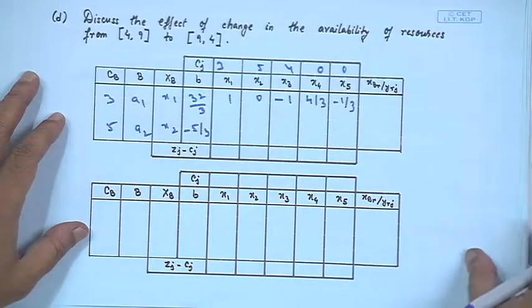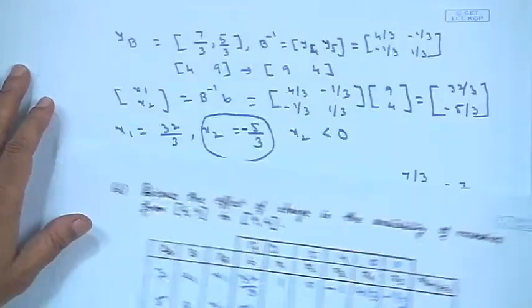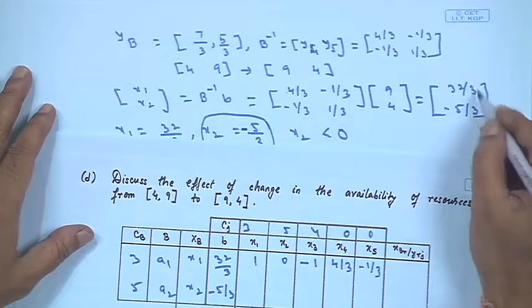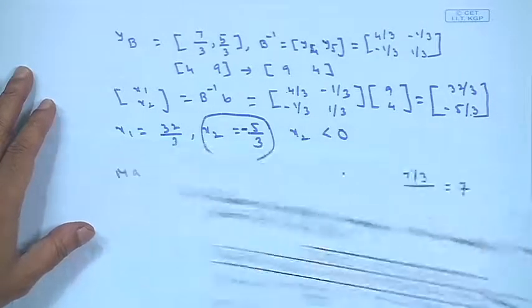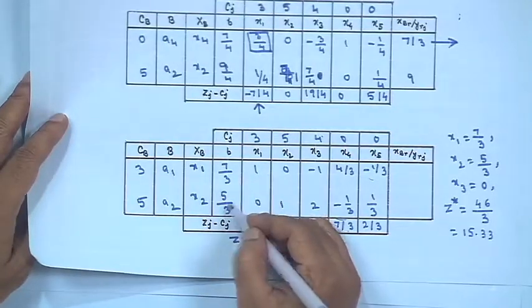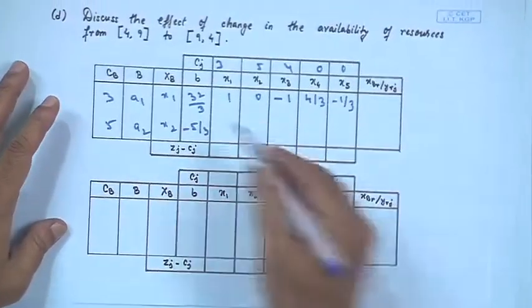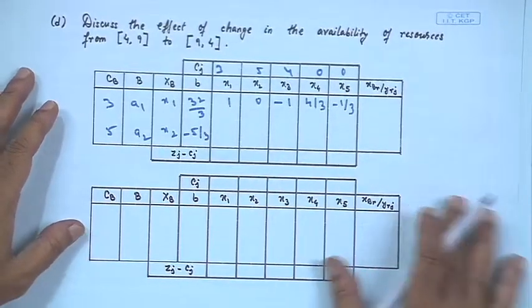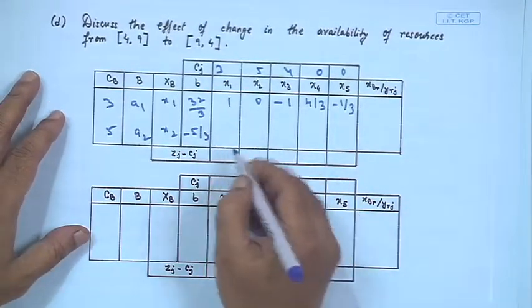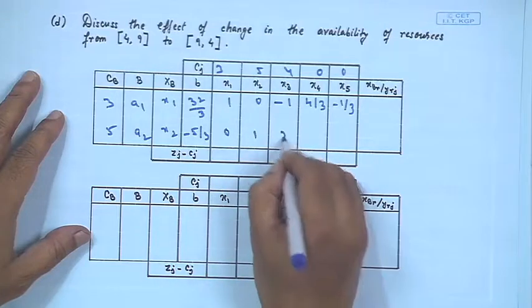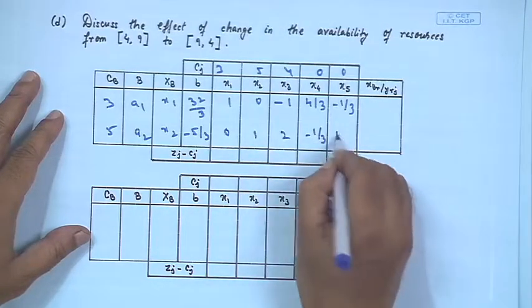Effectively what I have done, I have changed this b value to 32/3 and minus 5/3 in the original problem. Here it was 7/3, 5/3. I am changing it to 32/3, minus 5/3. All other things will remain the same, 0 1 2, minus 1/3, 1/3.